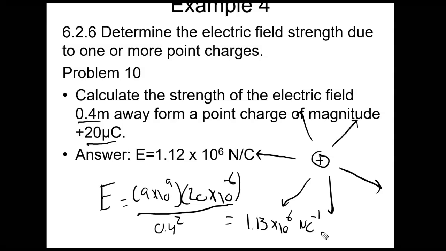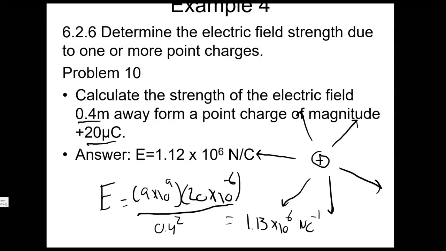What happens is in the space between your finger and the doorknob, the strength of the electric field gets so big it can actually cause sparks to fly. And we'll talk more about how that happens later. It's kind of an interesting type of thing. But in any case, that's the answer to example 4. So pause there if you need to look at that some more.